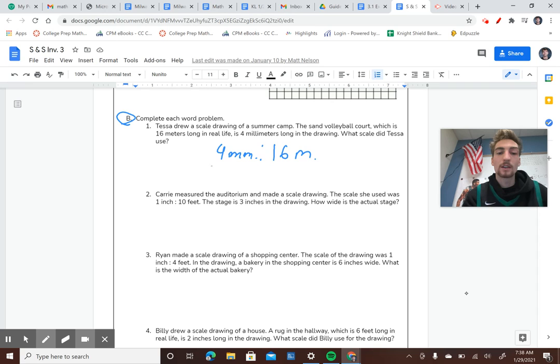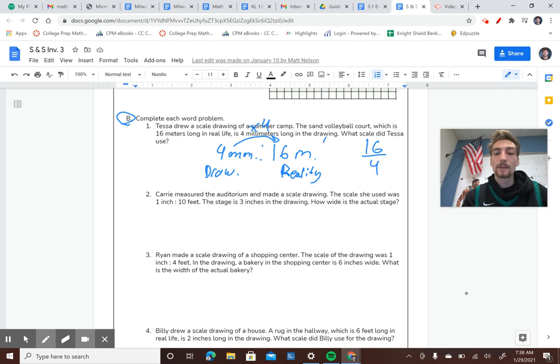So again, this is the drawing, and this is reality, the actual court. And so the scale drawing that she would use would be multiplying by 4 here to get to 16. And we can figure that out by doing 16 over 4.